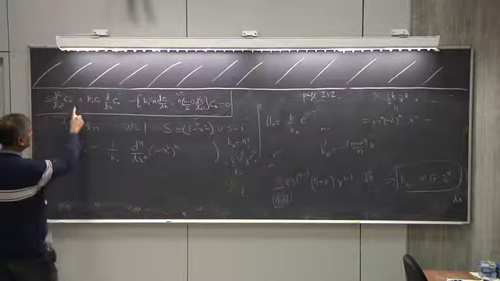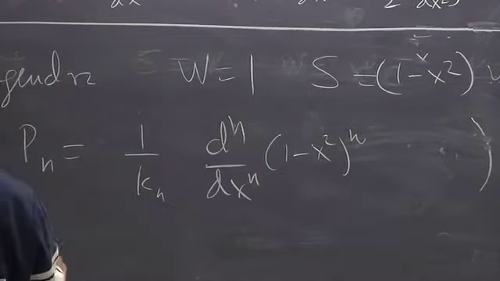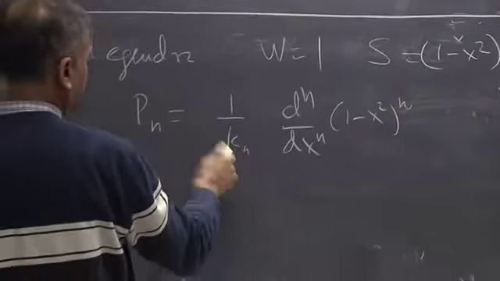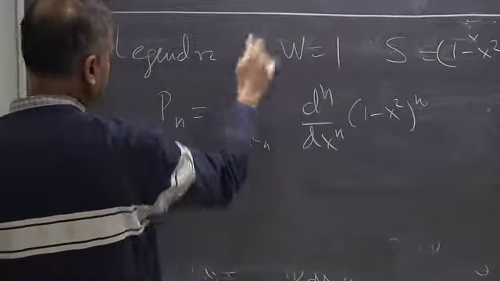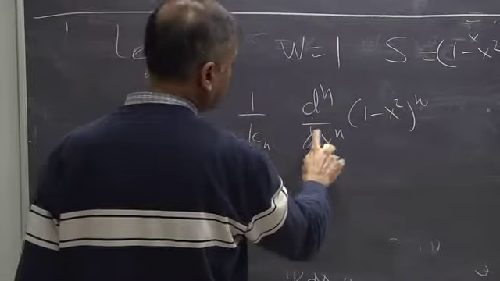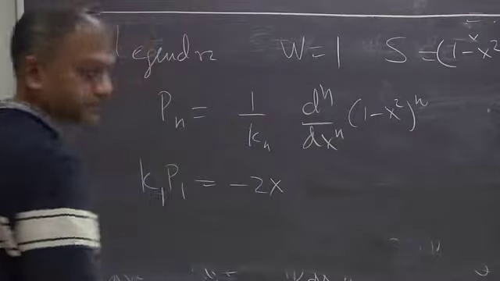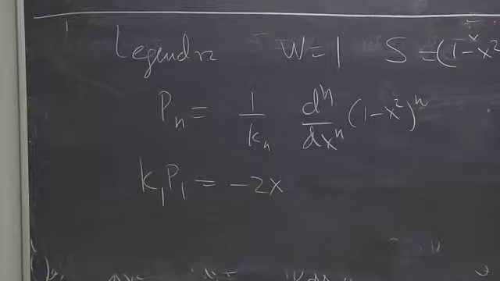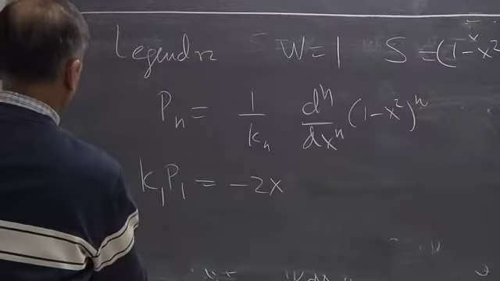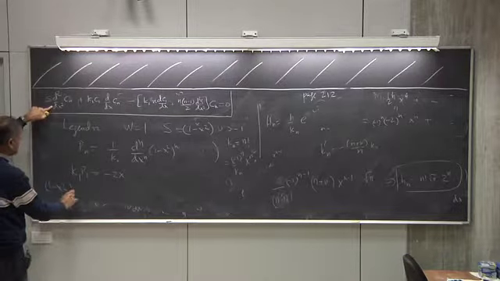So in particular K1 times P1 is what enters here. K1 times P1 is simply d by dx acting on that with n equal to 1, which is minus 2x.